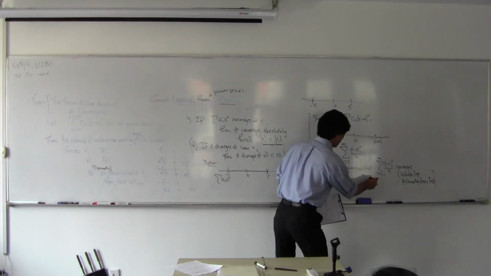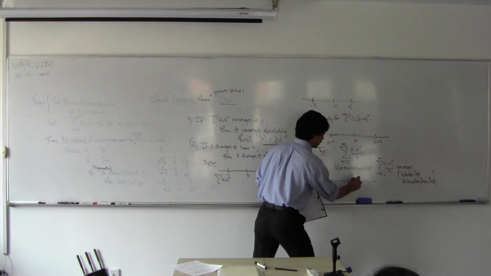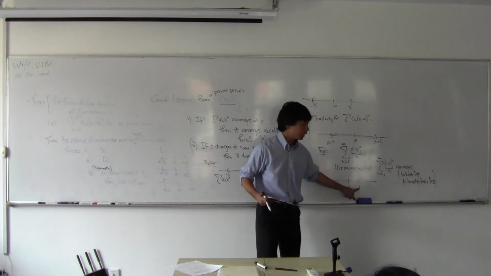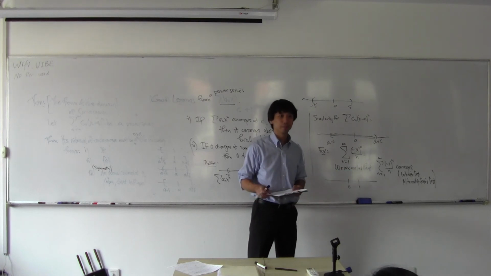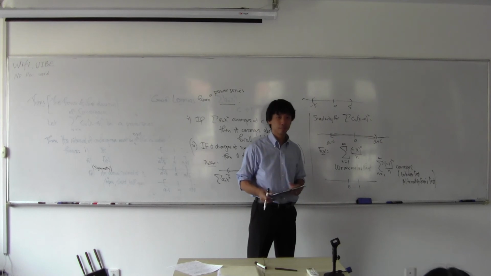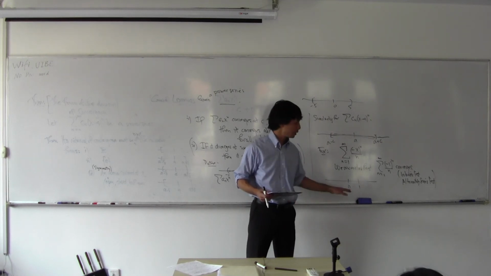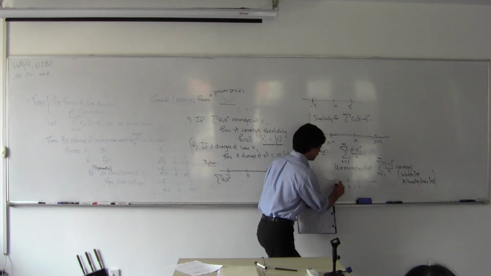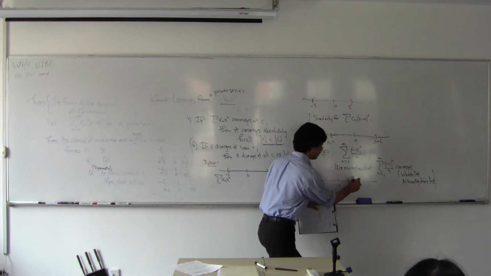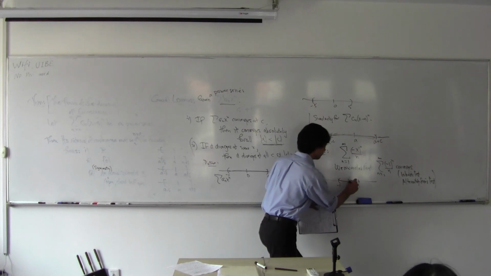So what does that give you? We know that this power series converges at 1. So what does that tell you? Go ahead, Francine. Because we know it converges at 1, we know that it converges from negative 1 to 1.